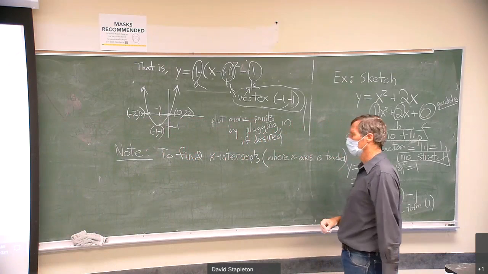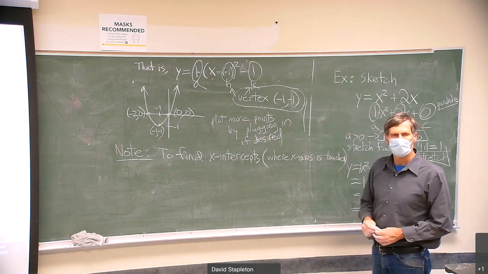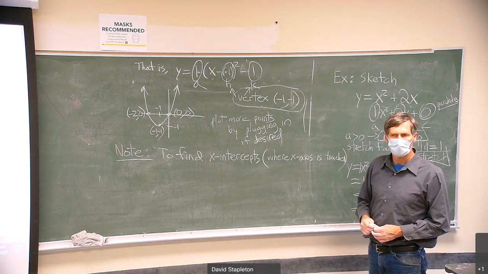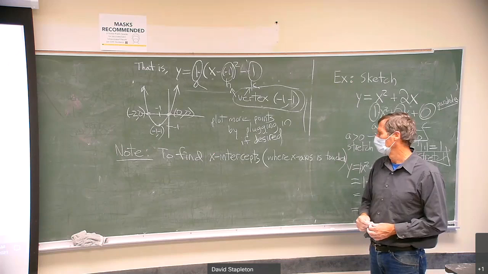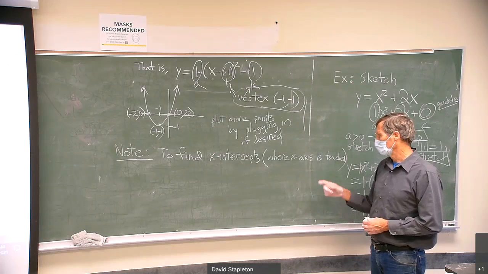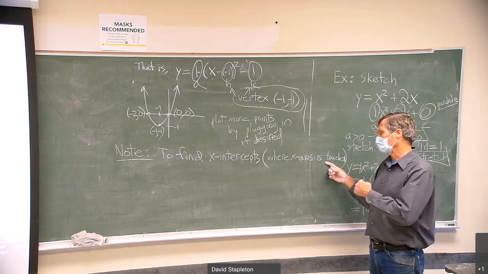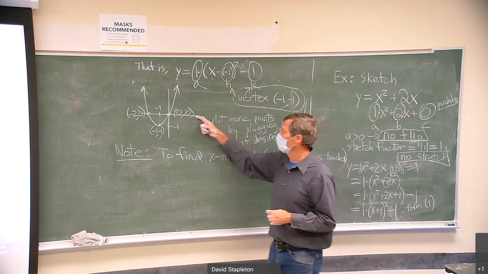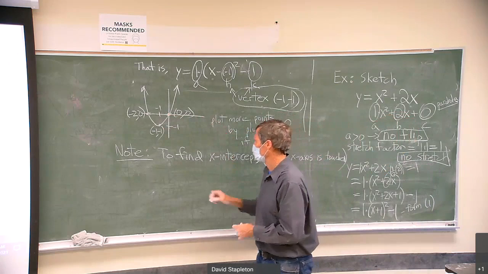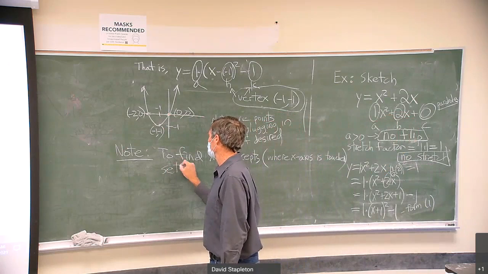How do you find that? Set y to 0. Now, on the x-axis is where the y coordinate is 0, right? These are all the points where y coordinate is 0, so you set y equals 0. Intercepts.